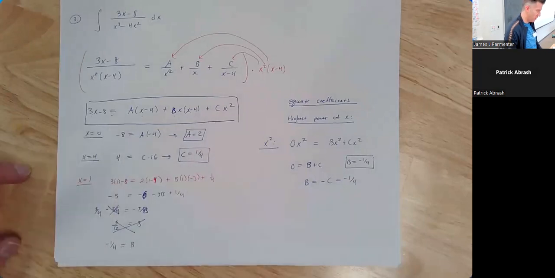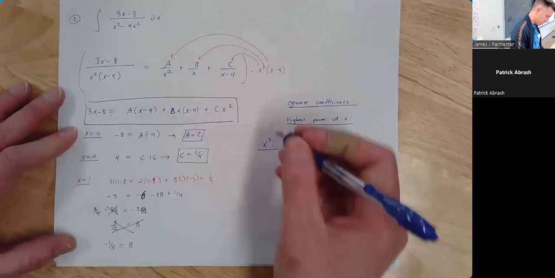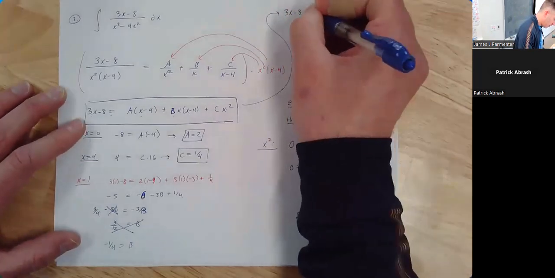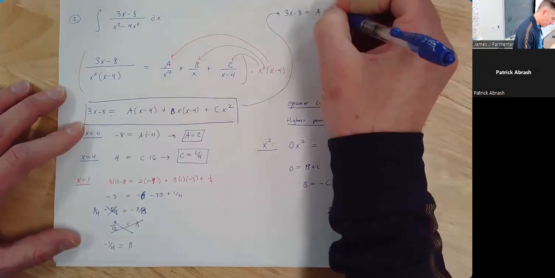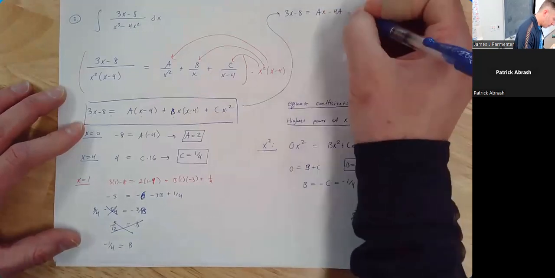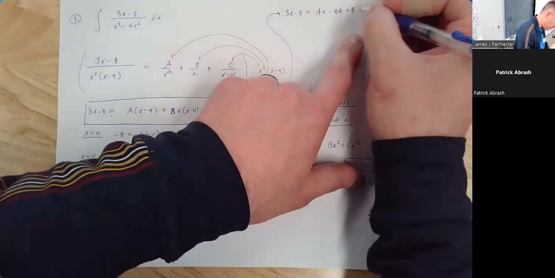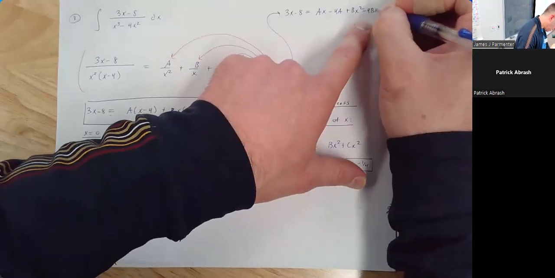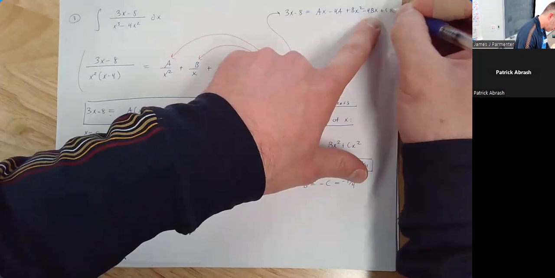It might help if I do one more thing. Let me actually multiply this out. On the left, I have 3x minus 8. On the right, I have a times x minus 4a plus b times x squared minus 4bx plus c times x squared.